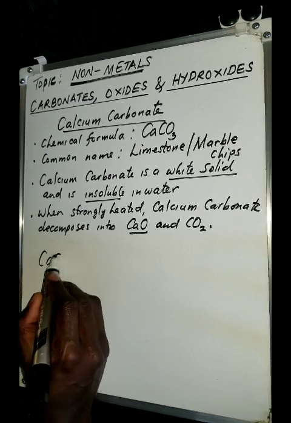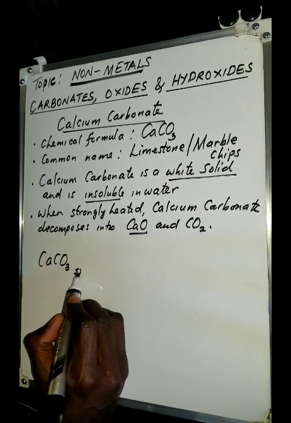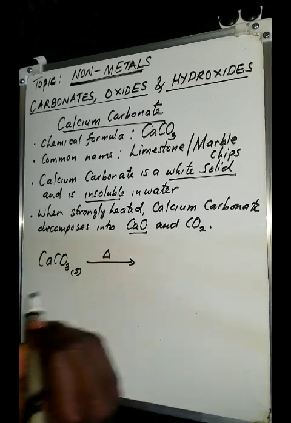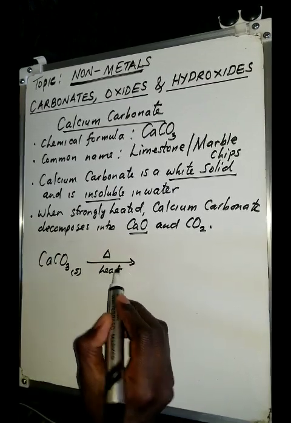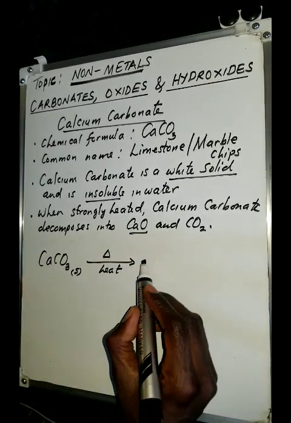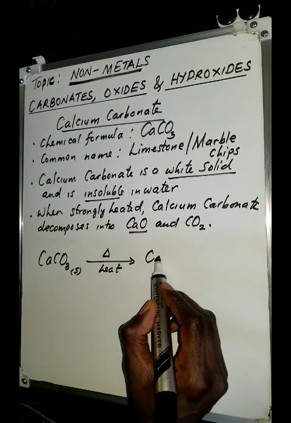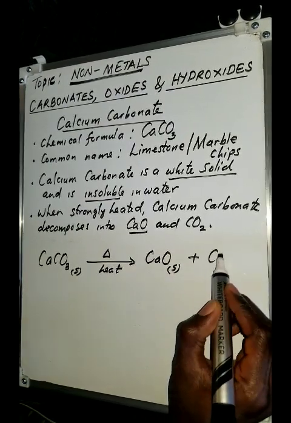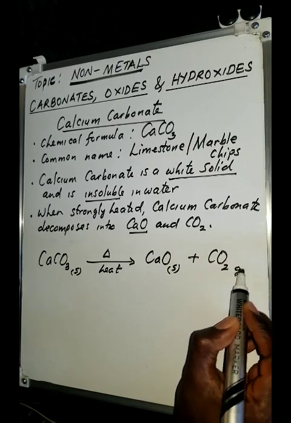If you have calcium carbonate in solid form and it is subjected to heat, it is going to break down into calcium oxide, which is in solid form, and also carbon dioxide, which is a gas.